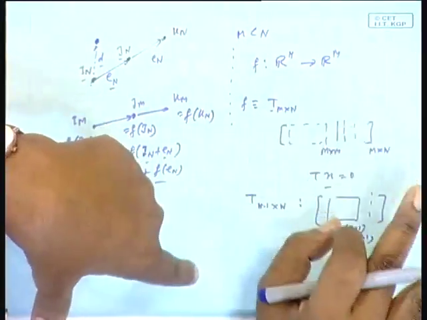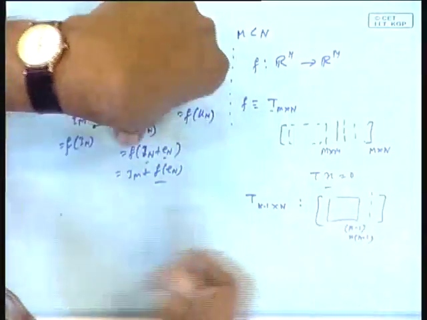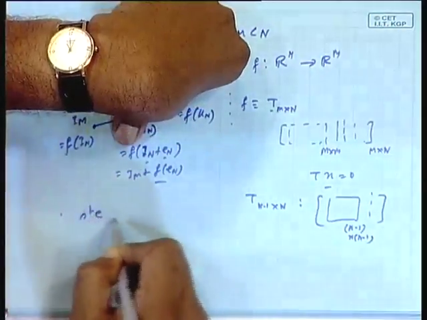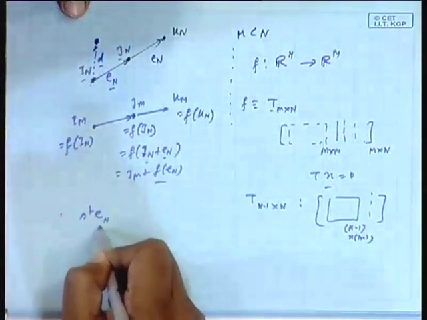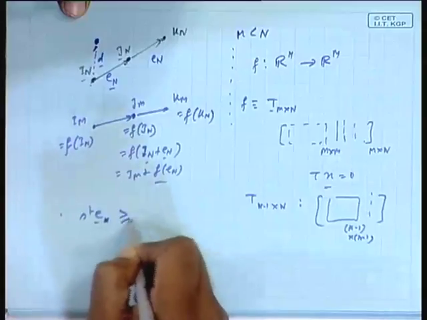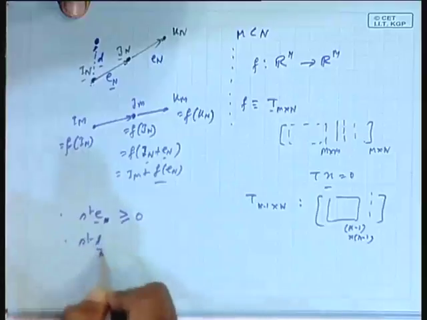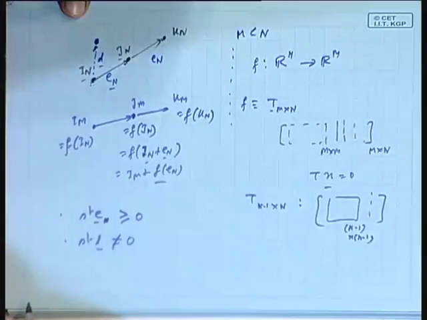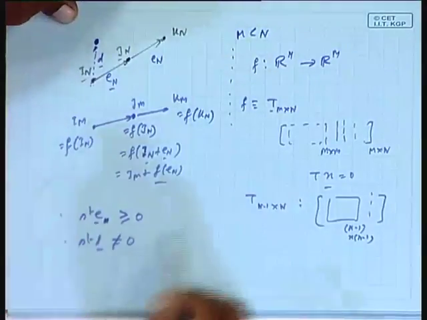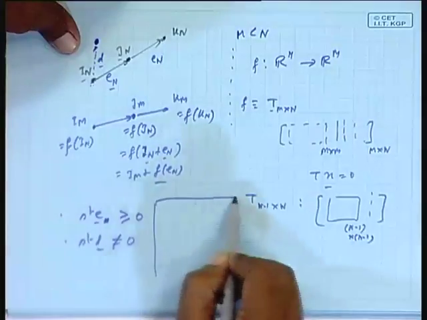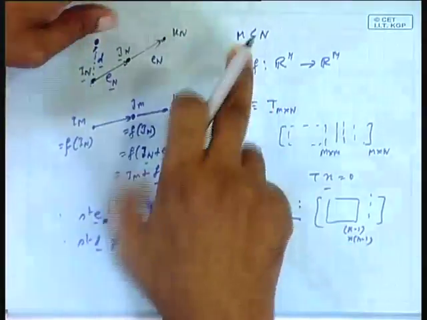So, it will again become a row vector. That means S transpose En must be greater than or equal to 0 for all valid edges, and S transpose D must not be equal to 0. These are constraints on the choice of S. I now give you one more definition here, which I didn't do, and then I will go back to that proof.